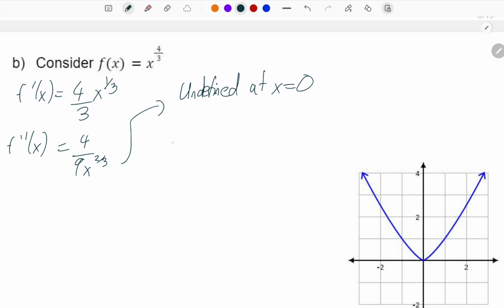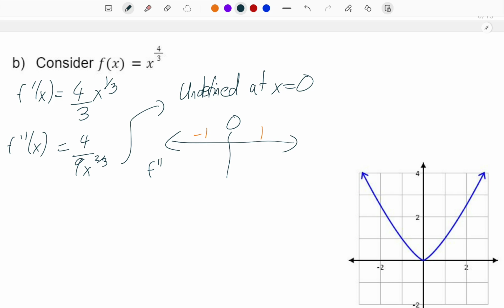We can do a quick check on a number line. So 0, plug in -1, plug in 1. Be careful with your work. And if you plug in those numbers, if you plug in -1, x to the 2/3, we have to be really careful here. You have the exponent 2 in there.